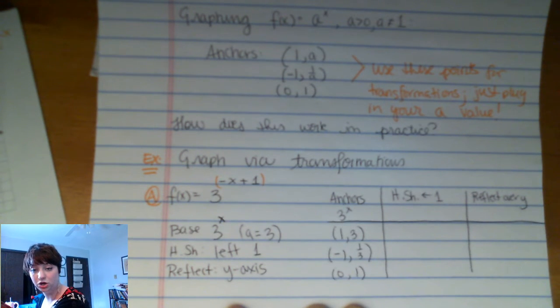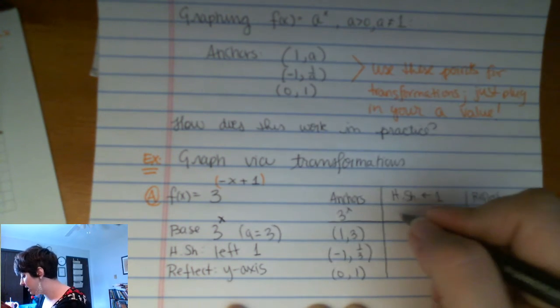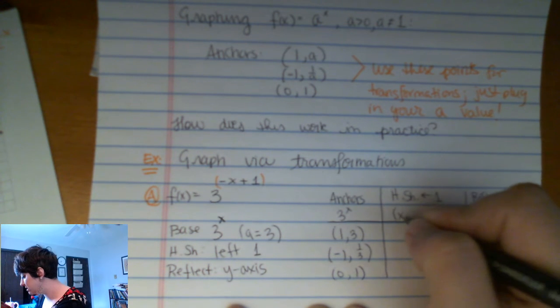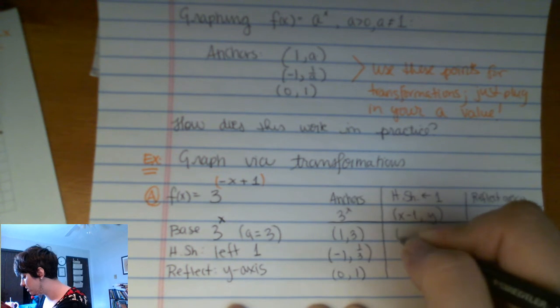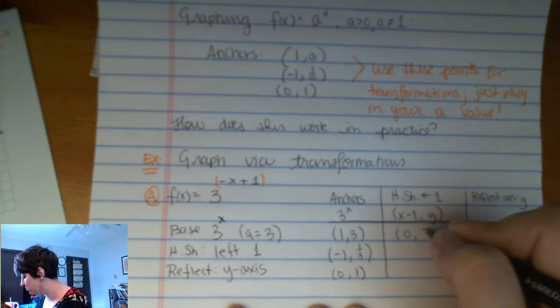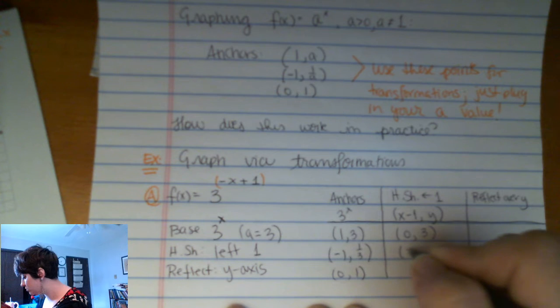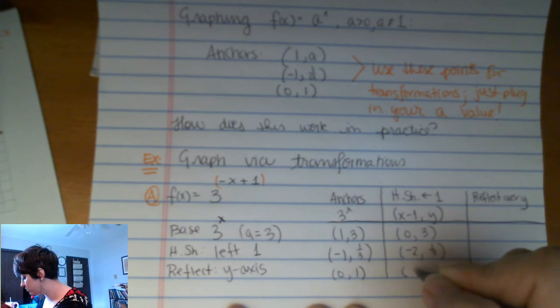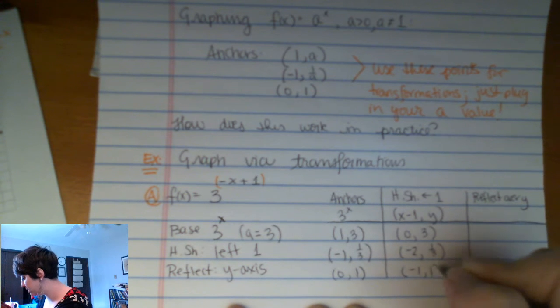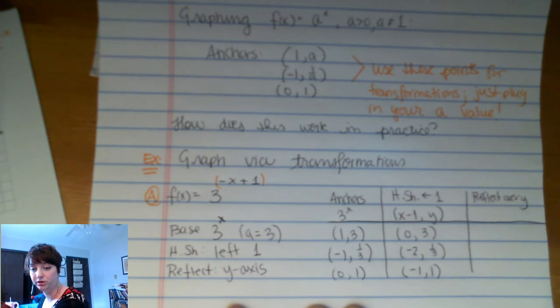Those are my 3 starting points. If I shift left 1, that means I'm going to subtract 1 from my x values and leave y alone. So subtract 1 from x, y stays the same. So I get these 3 points.